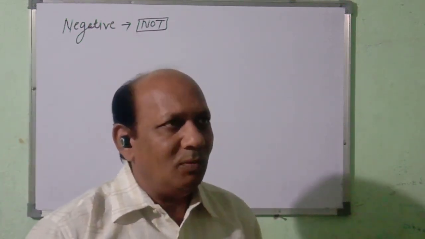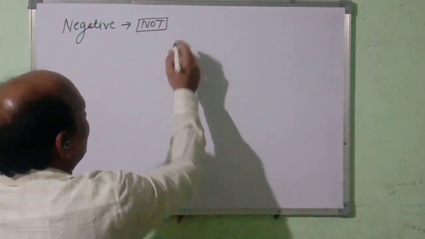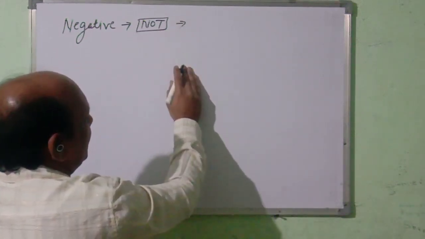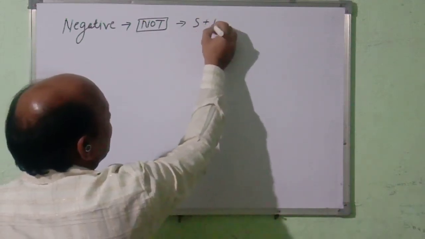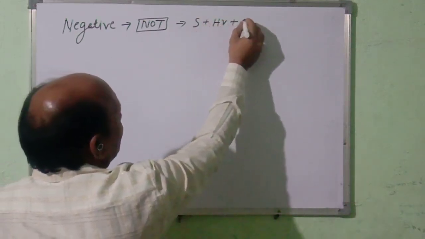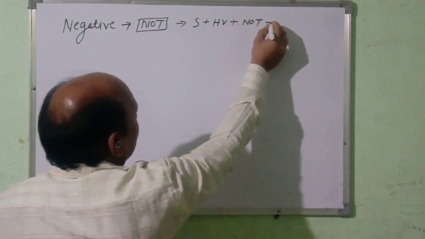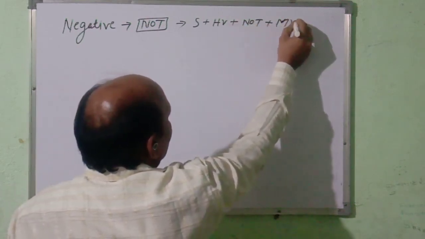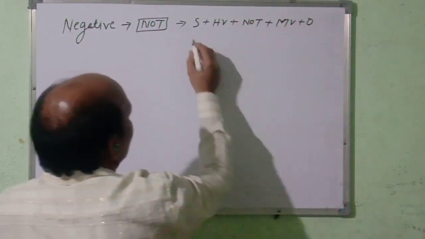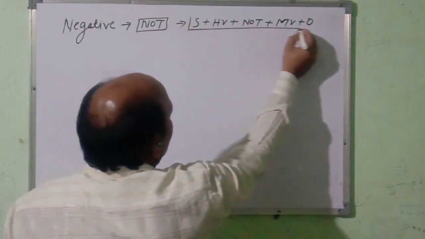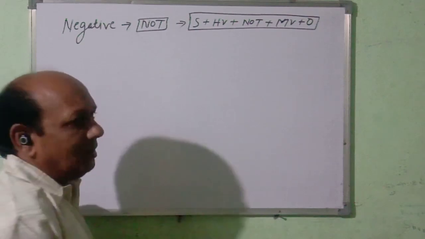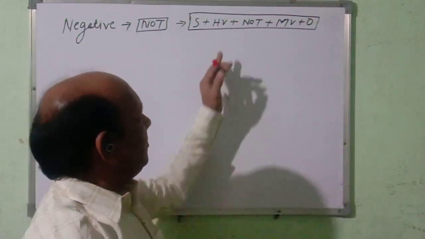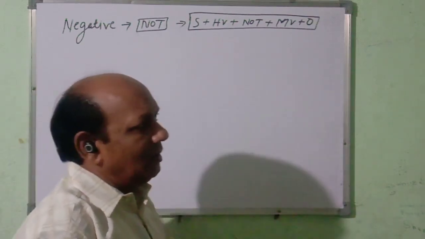So what is the structure of the negative sentence? Subject plus helping verb plus not plus main verb plus object. This is the particular structure of the negative sentence. When you are creating the negative sentence, you have to follow this structure.